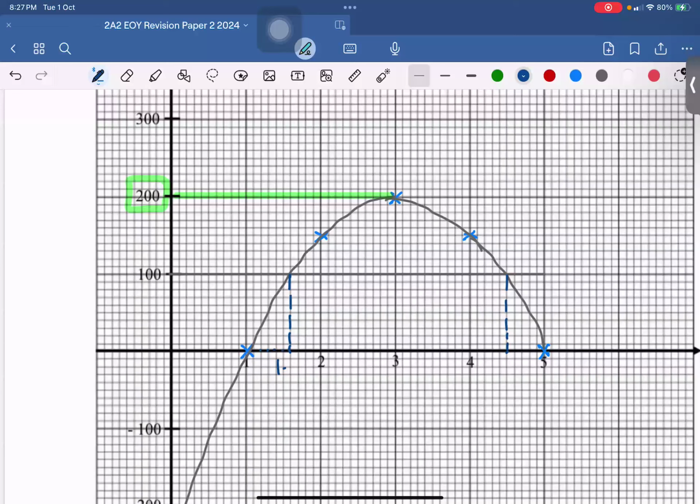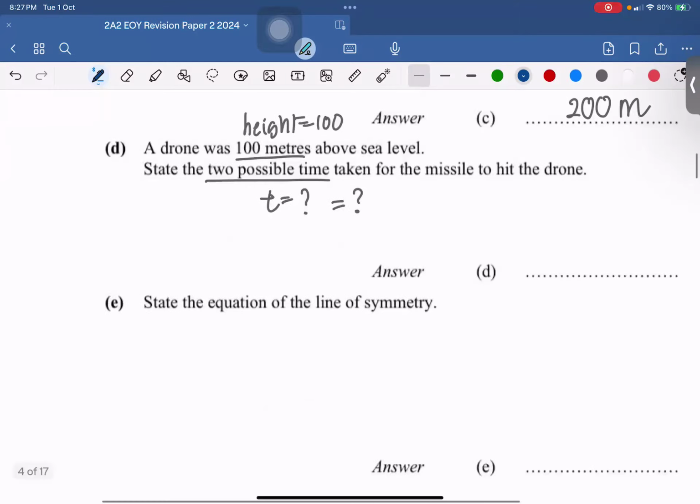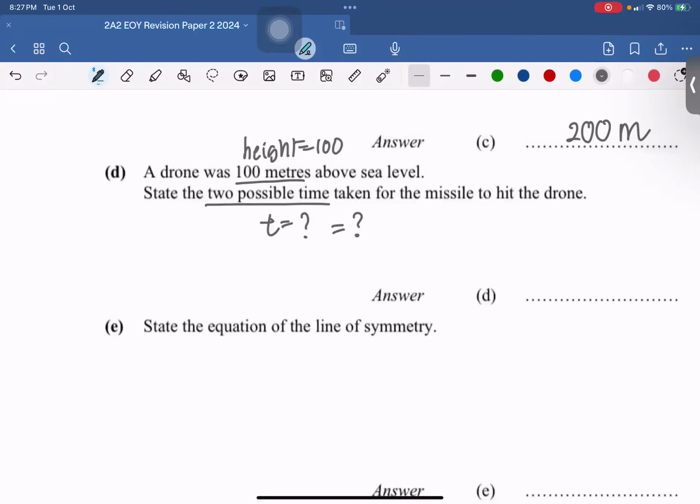Mine, this one is 1.6, then this one is 4.5. By right, it should be symmetrical, but my graph is not drawn nicely. Based on my graph, these are my two answers, so I write down my two timings: 1.6 and 4.5. Your answer and my answer will be a little different, depending on how you draw.